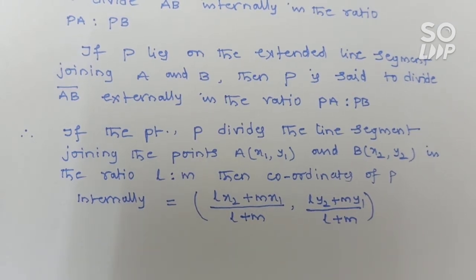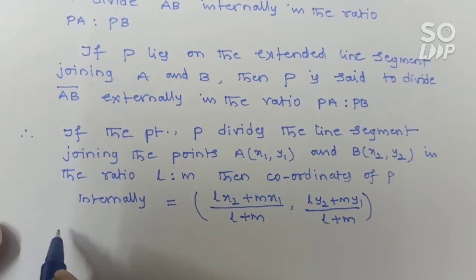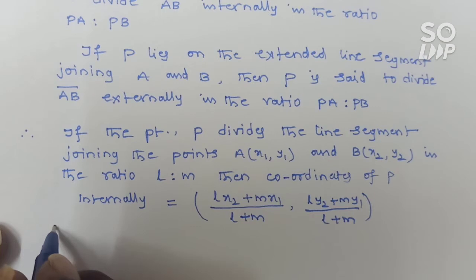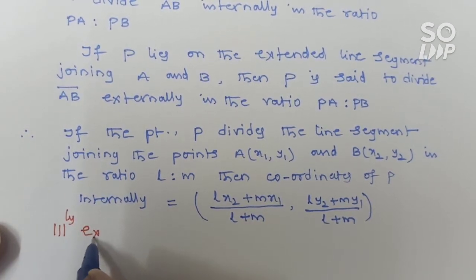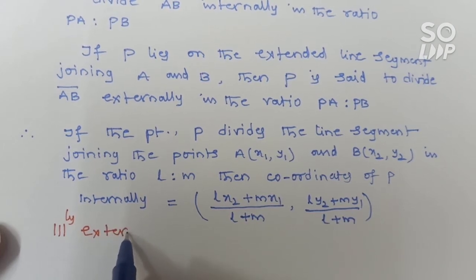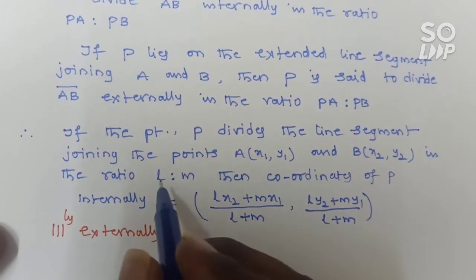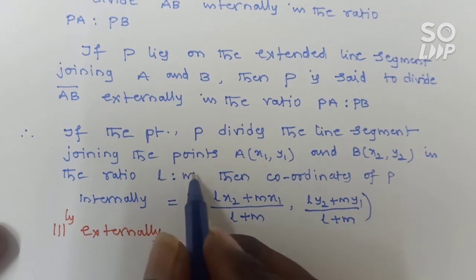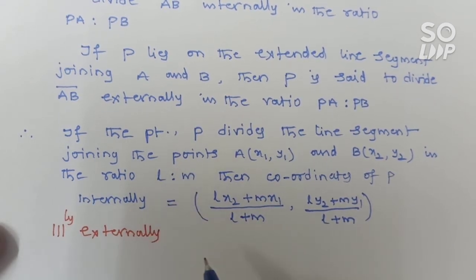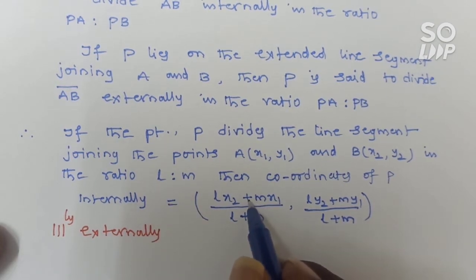Similarly, if it divides externally, what is the difference between internal and external? If the ratio is positive, that is internal. If the ratio is negative, then you will get plus replaced by minus.